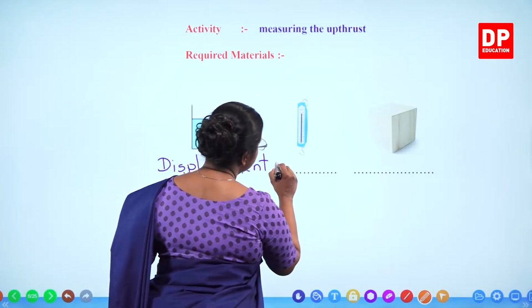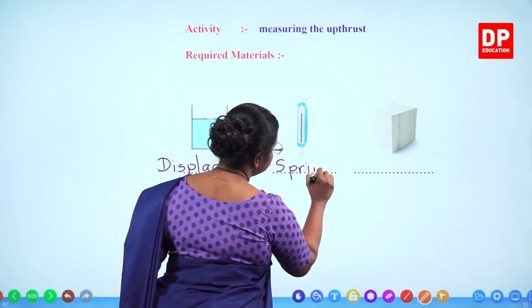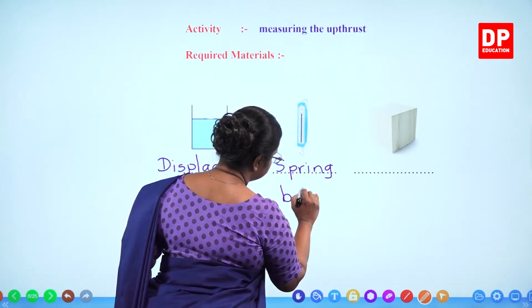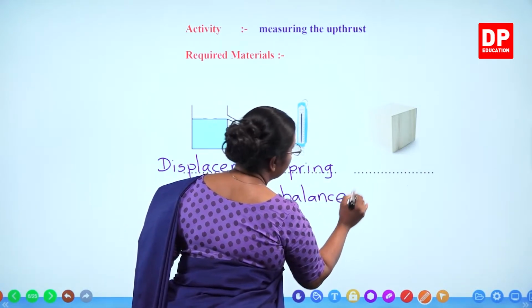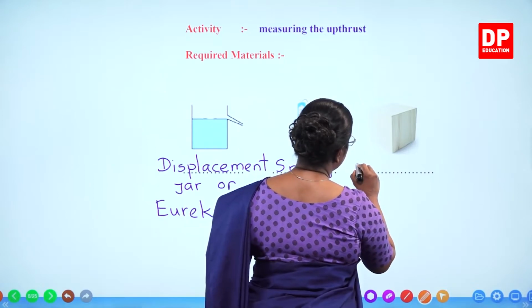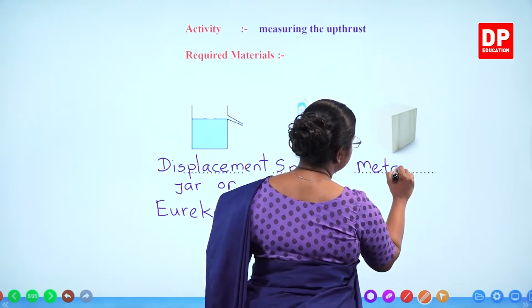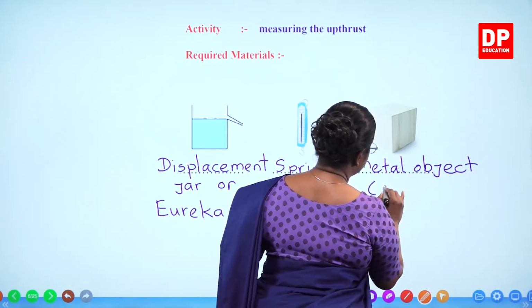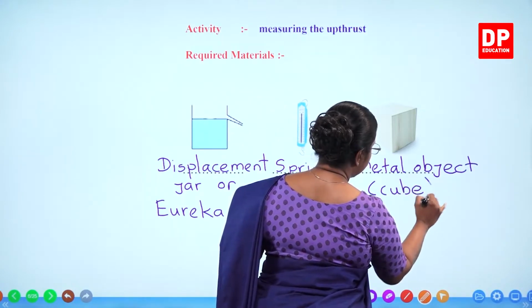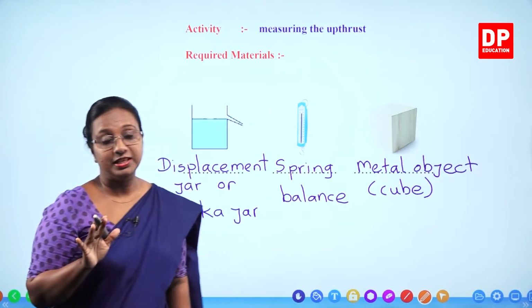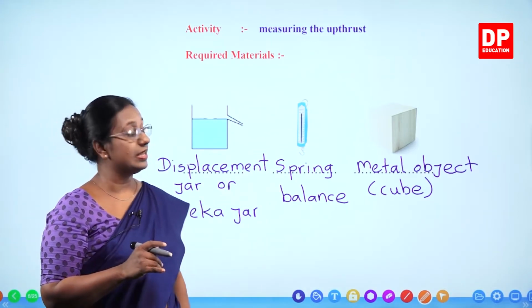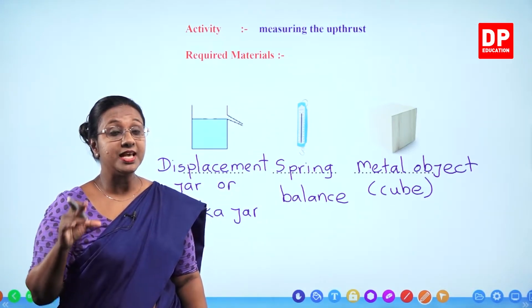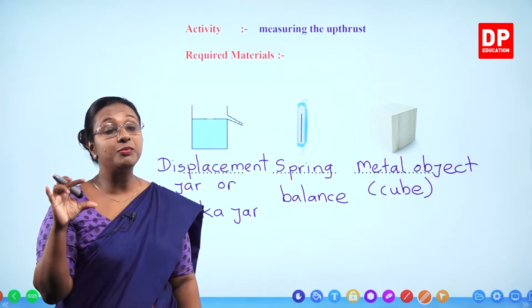Then we need a spring balance. And also we need a metal object. So it can be a cube. Now in our activity in the lab, instead of using a metal cube, what I will do is I will use a set of weights.